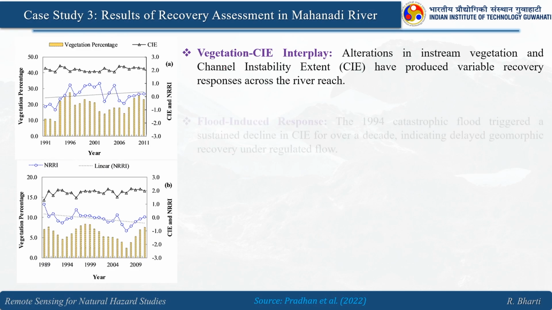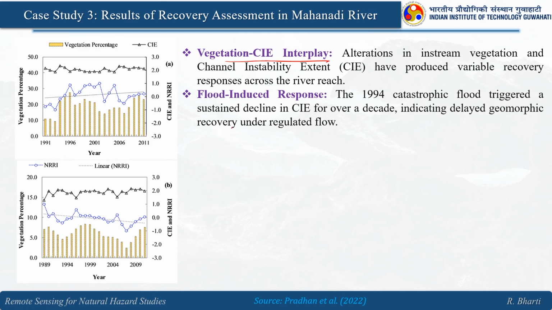Now, here you can see the vegetation-CIE interplay and the flood induced response, and in this particular graph, this dotted blue line is showing the NRRI, right. So, for this particular section you see it is increasing, right, and for this it is decreasing. So, what it means, this is towards the recovery, this is not towards the recovery, right.